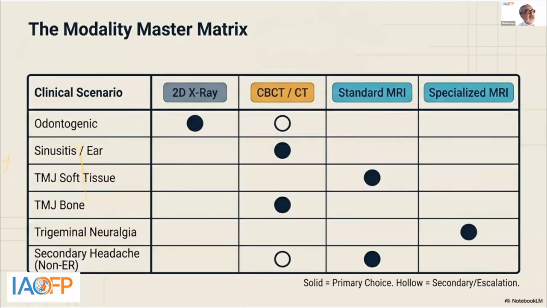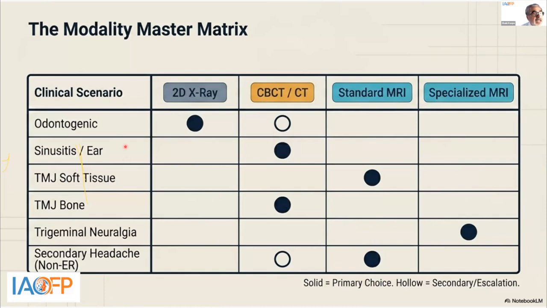I have this master matrix. We did a while back, came up with the white papers for imaging, and this is almost the same. So for odontogenic pain, you can request 2D X-rays. CBCT or CT is secondary.